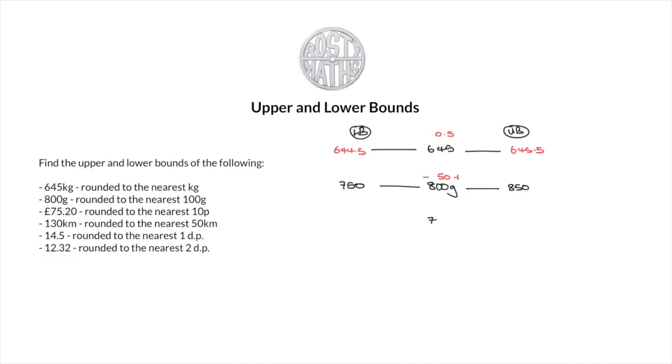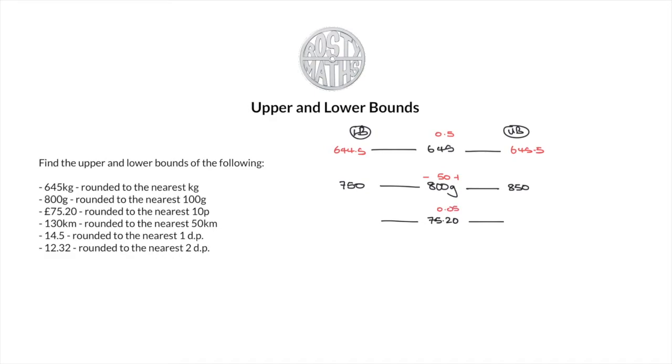75.20. So we got 75 and 20 pence. We're going to find the upper bound and the lower bound. What's been rounded to? Well, it's been rounded to 10 pence or 10 pennies. Now, 10 pence, half of that is 5 pennies. So 0.05 is how I will write that in.